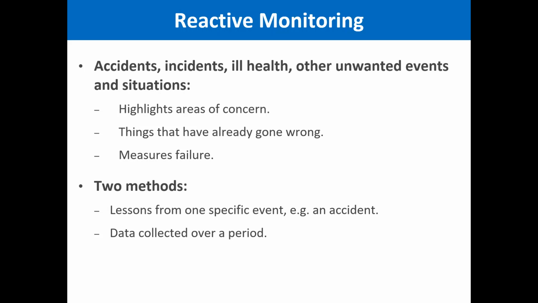For example, if there are too many accidents happening in working at height or on scaffolding, it means that you have some flaws or issues related to working at height. Maybe your people are not properly trained. Maybe your scaffolding is not erected properly. So this will help you analyze it. These two methods are most commonly used: learning lessons from previous accidents and analyzing the data that you have collected over a period of time.